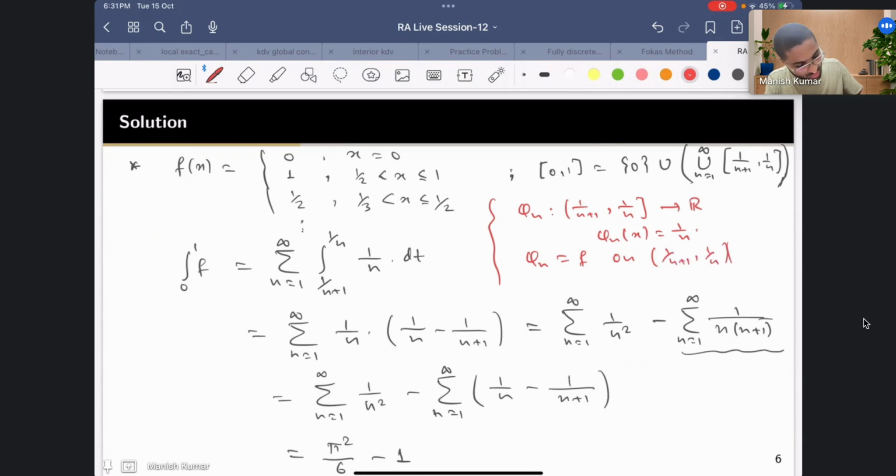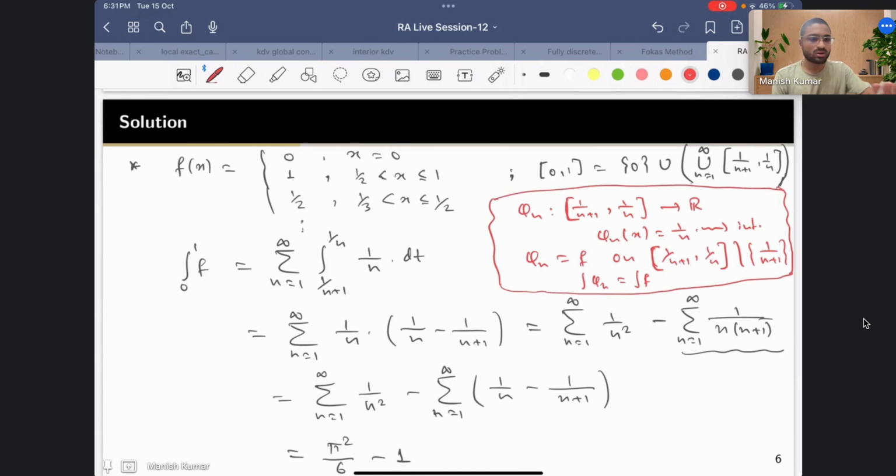And you know this is constant, so it is integrable. And you know that phi n is equal to f except at one point, which is 1 by n plus 1. So the integration of phi n will be the same as the integration of f on this interval. This is the way you can write, but the earlier one is also correct. So this is one way; if you want to write properly, you can write it in this fashion as well.